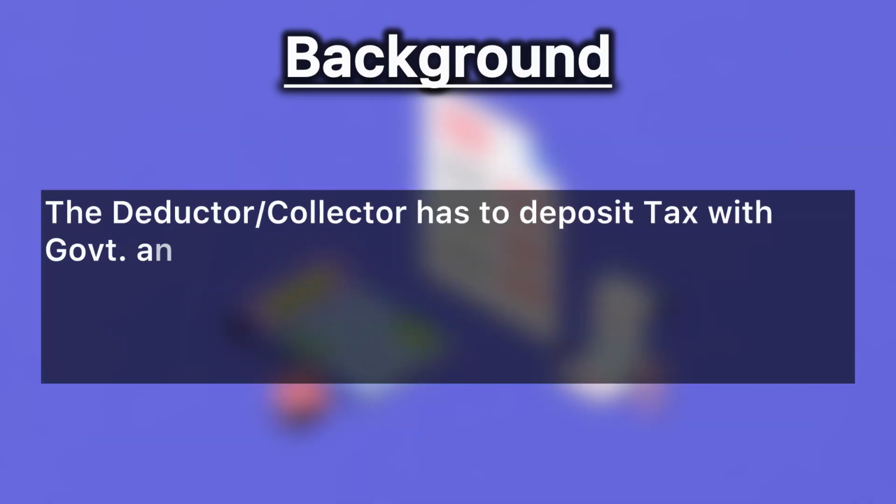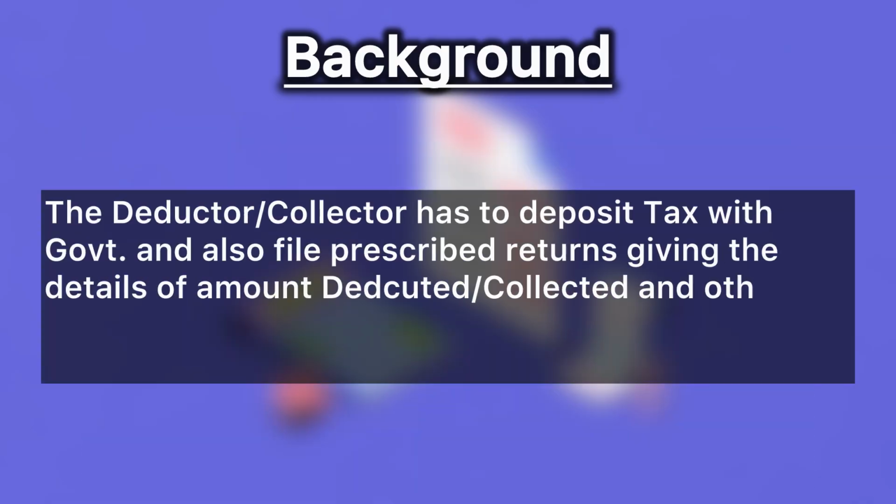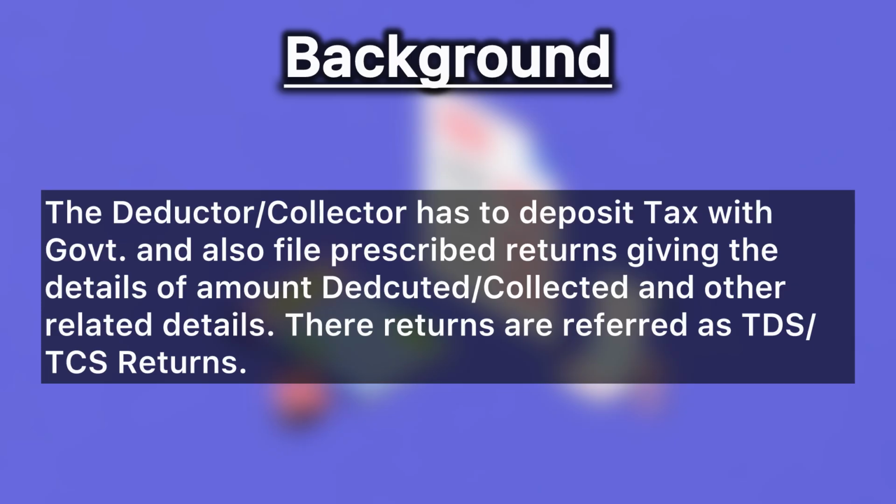In both of these provisions, the payer or receiver has to deposit the tax with the government and file the specified returns giving all the details of the amount deducted or collected, and that's why we need to file the returns for TDS and TCS.